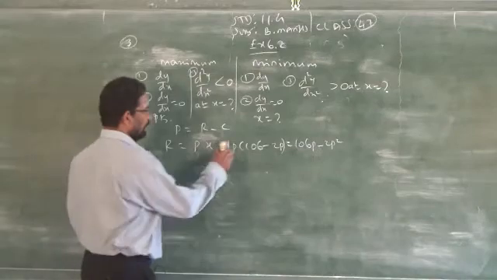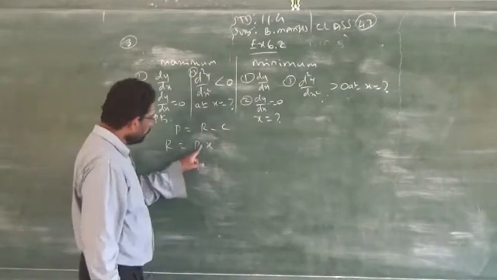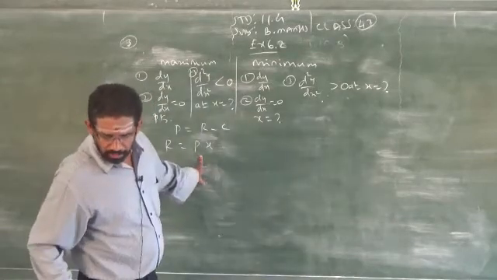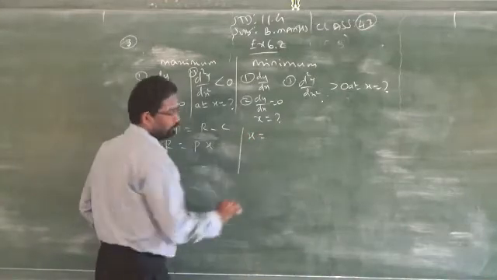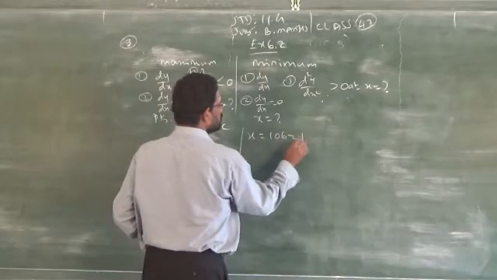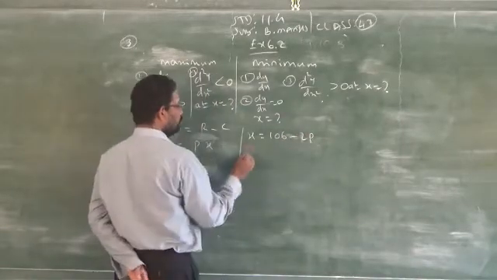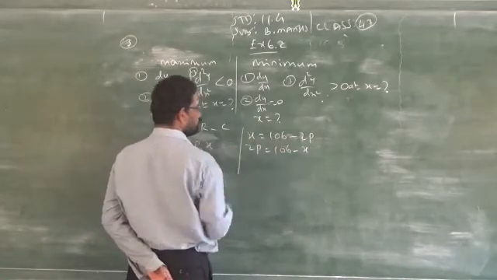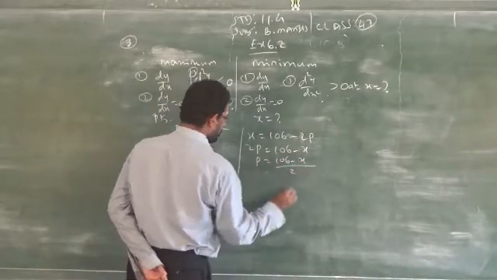You will never get the answer. So for that you have to replace P. P is not given straight away in the question. It is given x is equal to 106 minus 2P. So you have to find P. Just transfer the terms, then P is equal to (106 minus x) by 2.